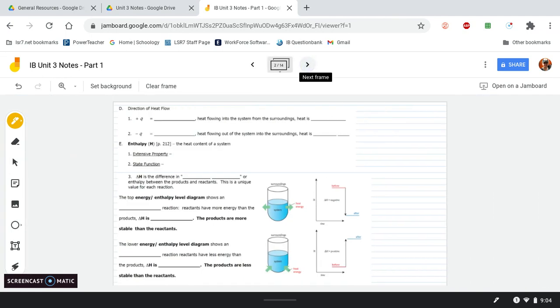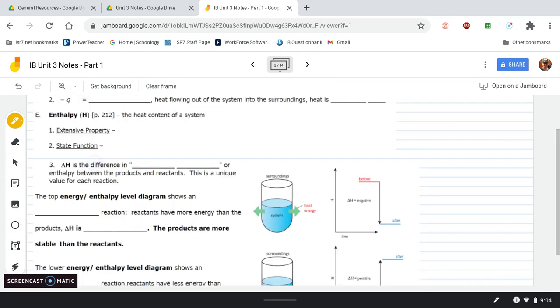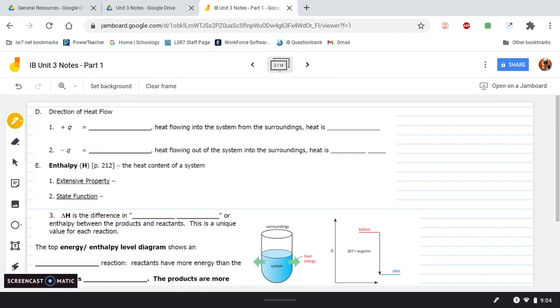Okay, so I'll zoom in here. So, direction of heat flow. Now we're going to start talking about things going in, things going out, and we're going to add in this new thing, which is the plus sign or the minus sign. That's going to be really, really important through this whole unit. Think about a plus sign.